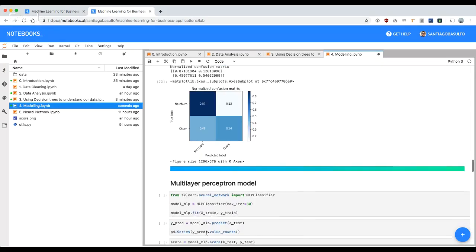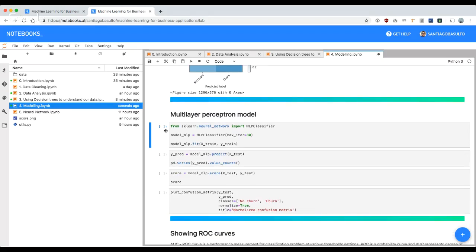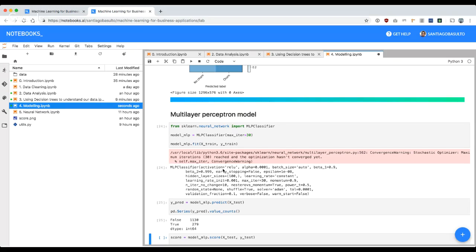We're going to use now a multi-layer perceptron, that is a neural network, plain and simple. If you folks have been working with neural networks before, you will identify things like the activation function we're using, in this case, ReLU, rectified linear unit, the alpha, right? Batch size, the learning rate, right?